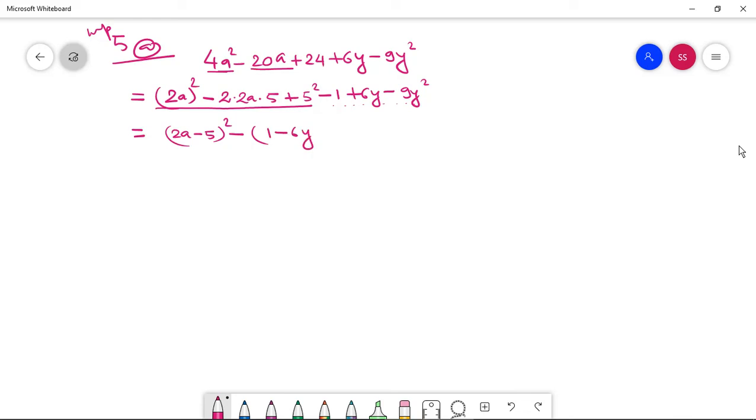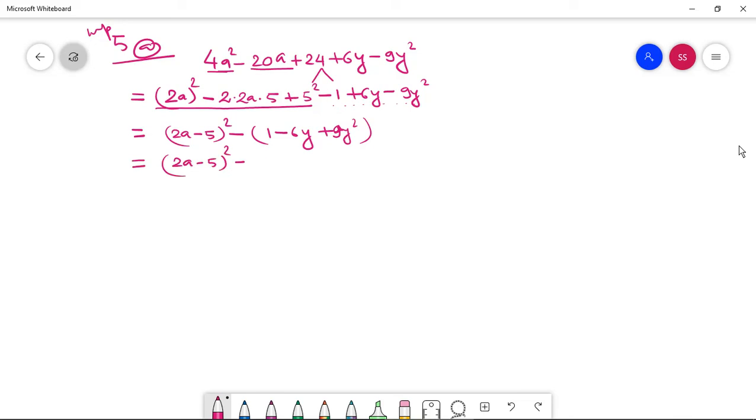In the next step, (2a minus 5) whole square minus all these terms is (1 minus 3y) whole square. Now we can apply a square minus b square. The formula is a plus b, meaning 2a minus 5 plus 1 minus 3y.